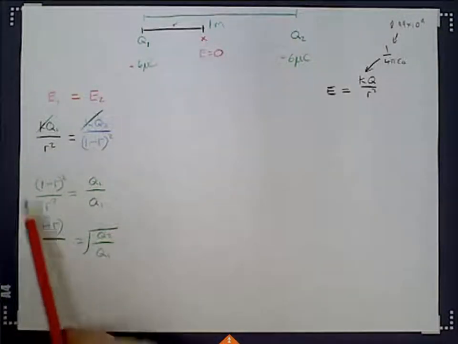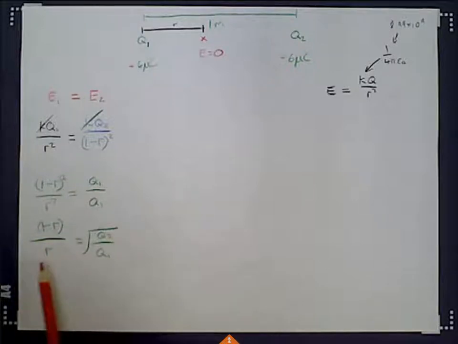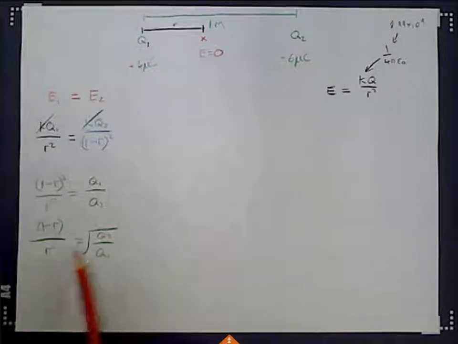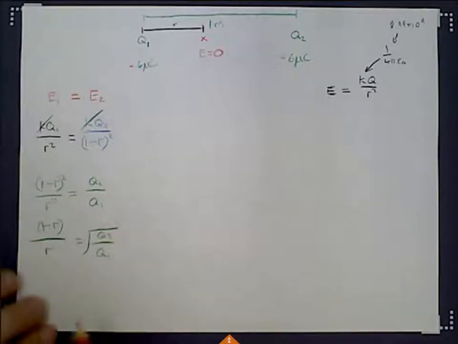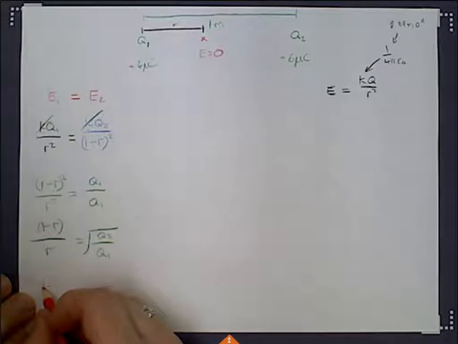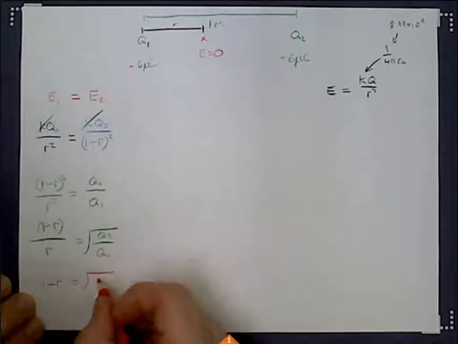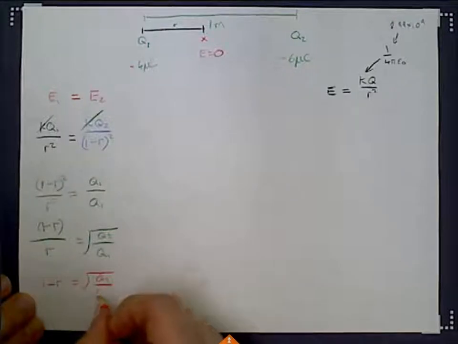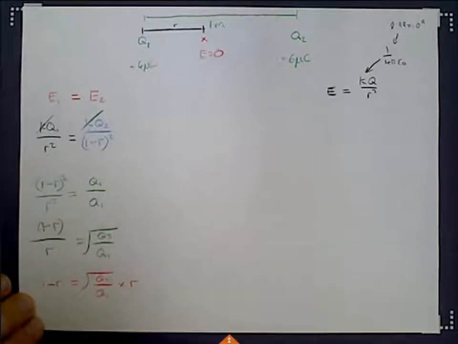So all is well so far. We've got 1 minus R over R, probably didn't need the brackets really, is equal to the square root of Q2 over Q1. We could do some more algebra. 1 minus R is equal to the square root of Q2 over Q1 times R. Then we can take it a step further.